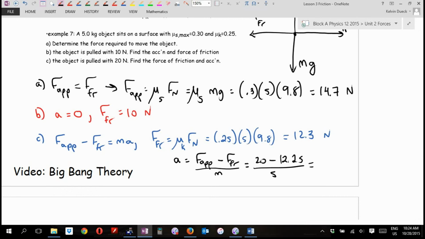Divided by 5. Oh, good gosh. 7.75 divided by 2 is going to be 3.5. No, 3.875.